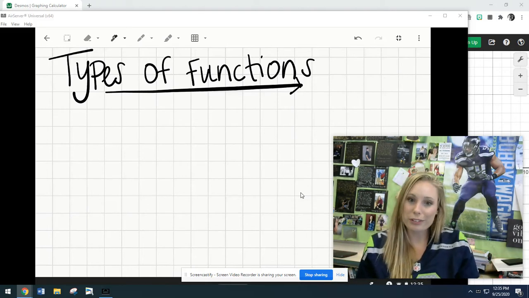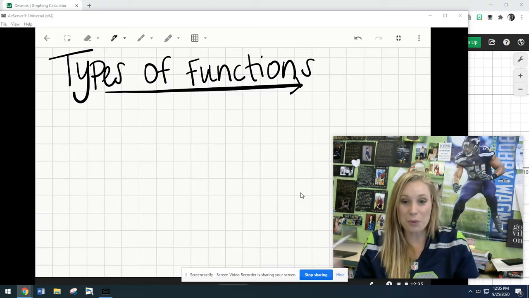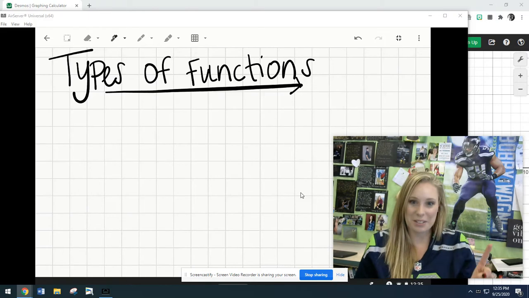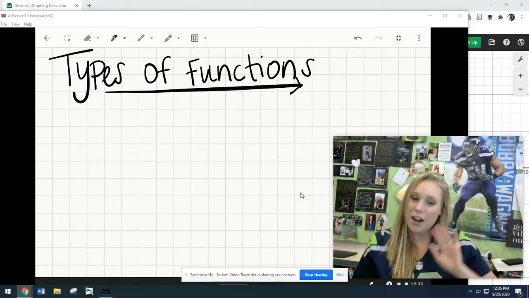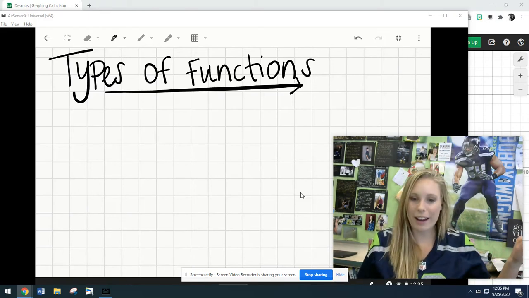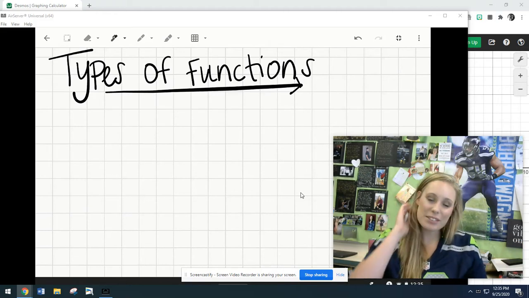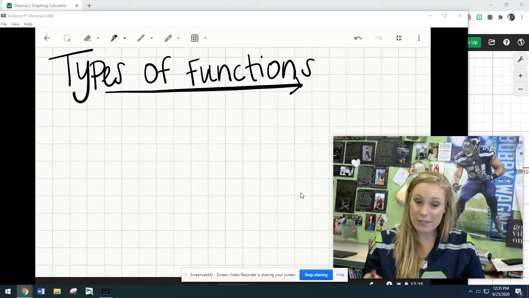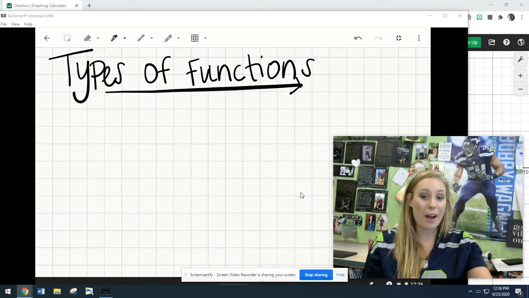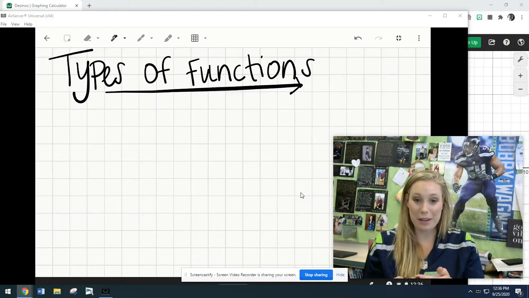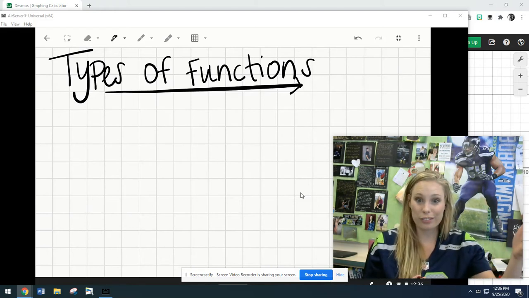The thing that makes our relationship functional is that there is one wife and one husband. He is not going out with other girls, right? I am the only girl. So, the way that we would talk about that in math terms is for every x value, there is only one y value. For every husband, there's only one wife, right?